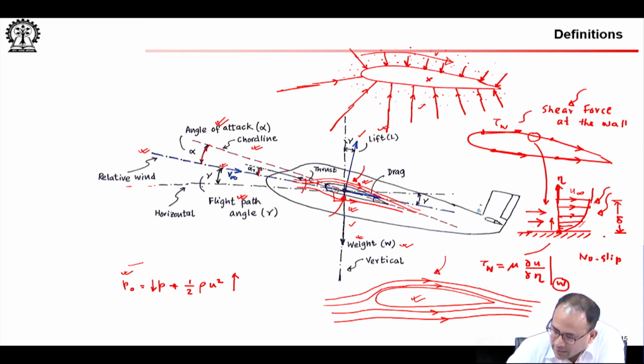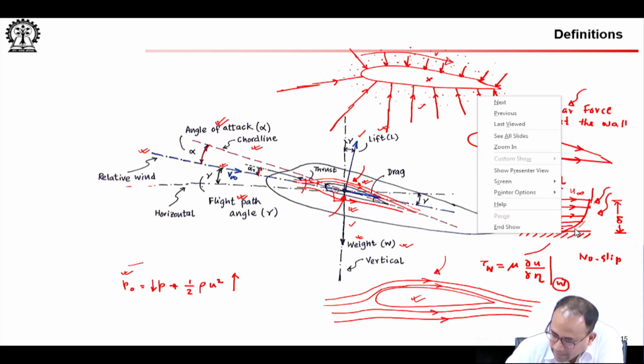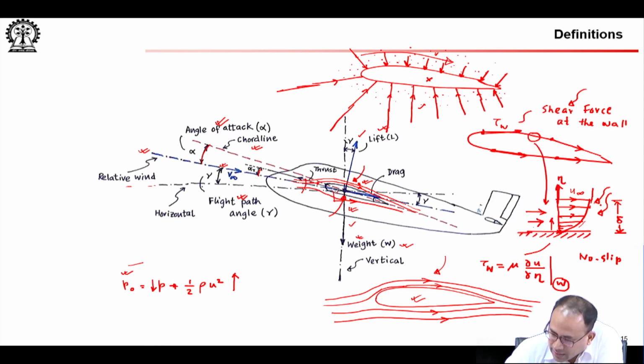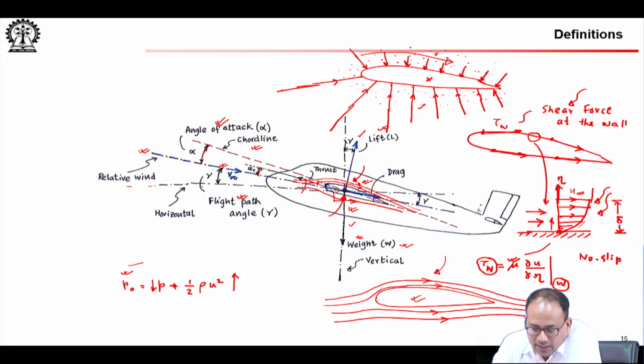You have to calculate the gradient at the wall, because you see that your du d eta is changing as you move away from the wall. Okay. So, if you want to find the shear stress at the wall, you have to first know the viscosity of the fluid and then multiply it with the velocity gradient at the location where you are seeking the shear stress. In this case, we are seeking the shear stress at the wall point. So, you can use this relationship.